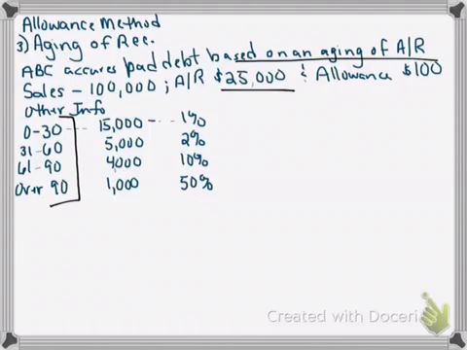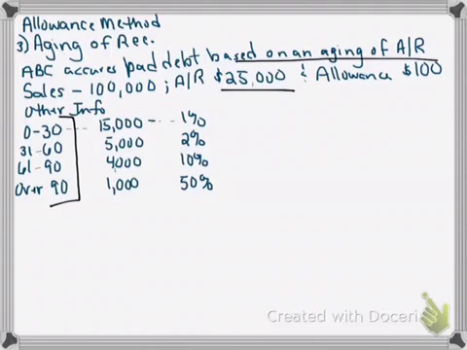Now in this case, what you see is the older that an accounts receivable becomes, the less likely we are going to be able to get that money in. And so the percentage of the likelihood of it becoming bad debt is going to be greater.